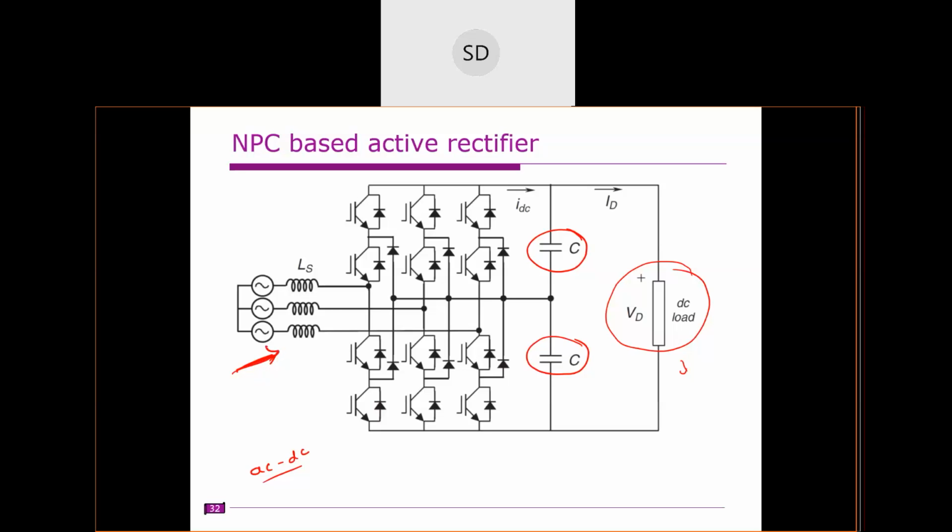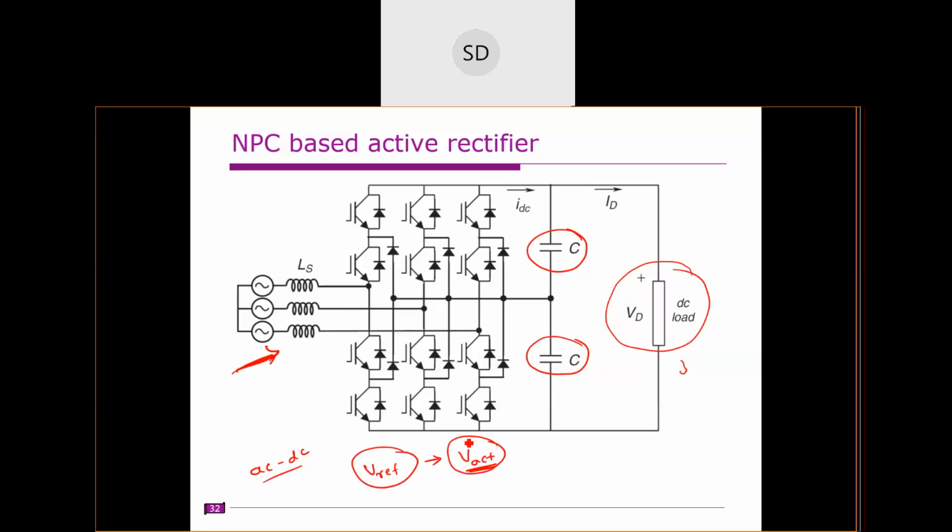Now the controller, whatever we discussed earlier, remains the same. The only difference occurs when we are comparing V reference with the actual value of VDC, the actual load voltage.